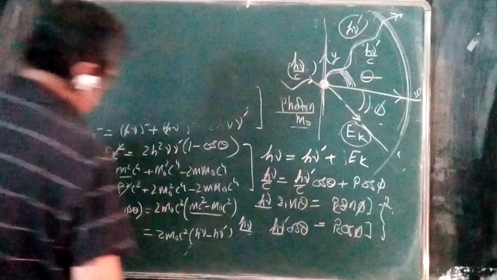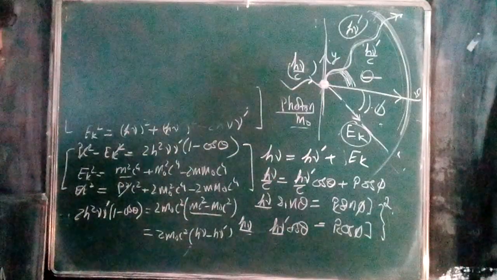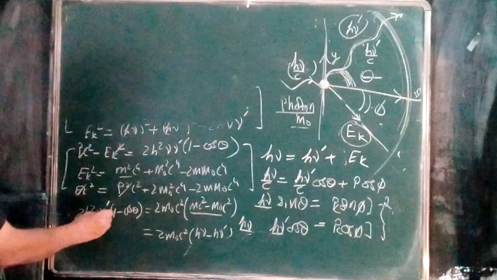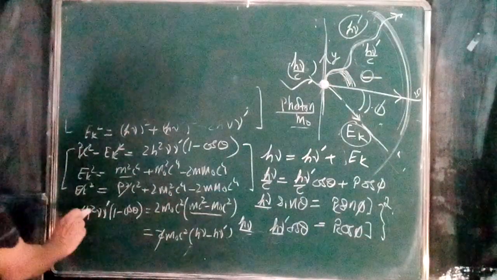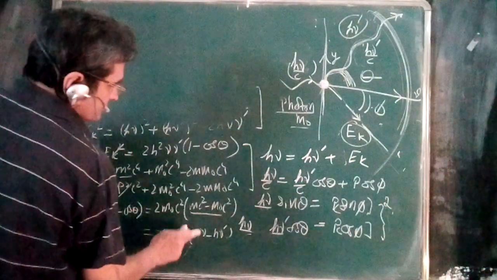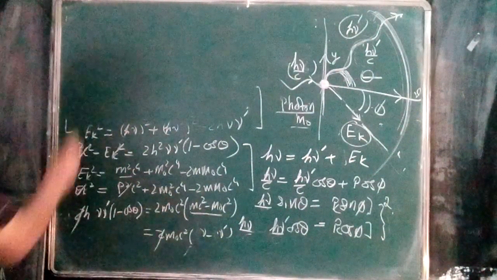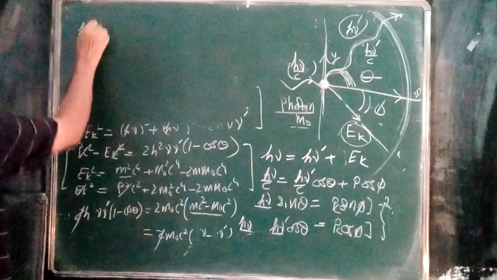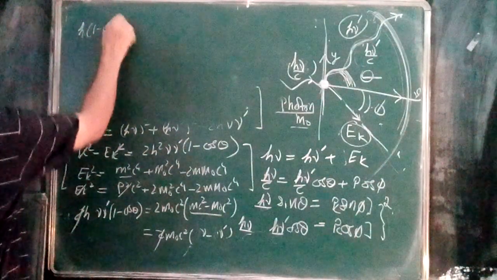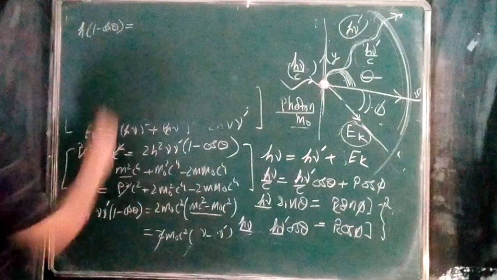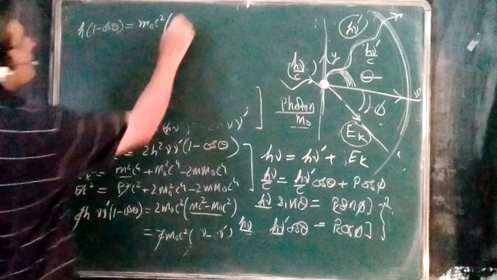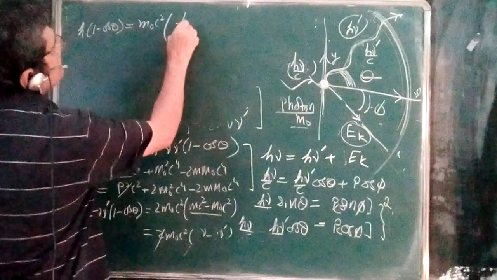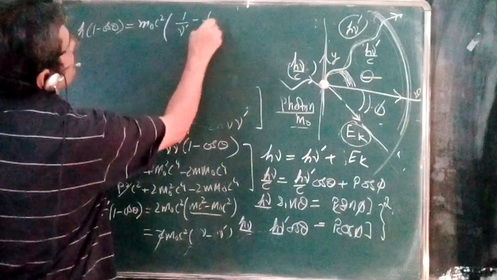The steps have to be just slightly carefully done. I divide both the sides by mu mu dash. This 2 is getting cancelled anyway, and h is also getting cancelled. So I get h 1 minus cos theta is equal to m0 c square 1 upon mu dash minus 1 upon mu.